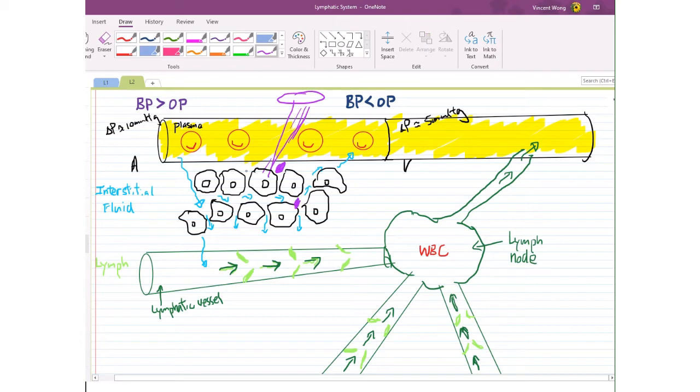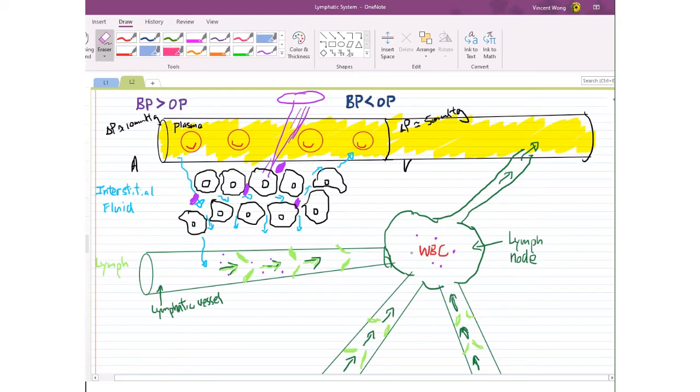As the lymph is washing in between the cells, it might pick up some bacterial products, maybe some bacterial antigen, and then this bacterial material is going to be carried into the lymphatic vessels. When this lymph passes through the lymph nodes, the white cells are going to be alerted and stimulated. And that's how you mount an immune response, right?